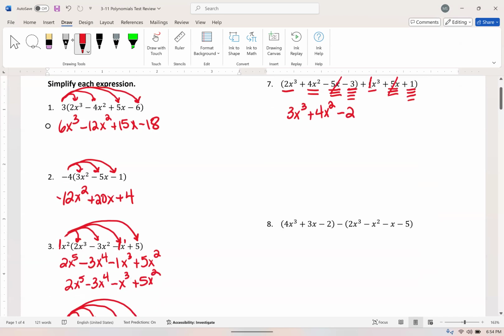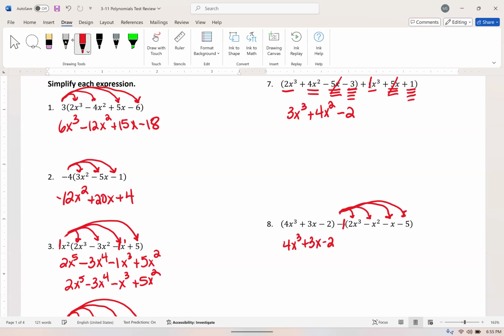All right, let's look at number 8. Not exactly the same kind of problem as number 7 because there's a minus sign there. So it's like you have to distribute a negative 1 there. You can leave the first set of numbers in the parentheses alone, but then the second one we have to distribute a negative 1.